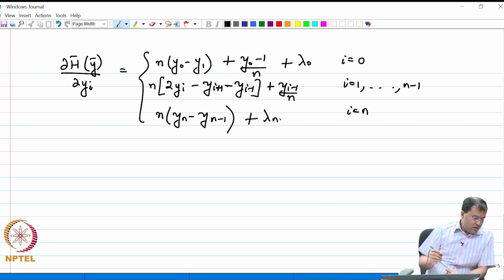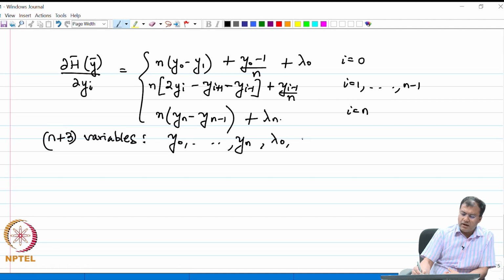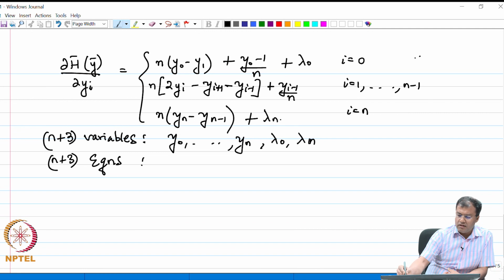Okay. So, as I just said, we have n plus 3 variables, and those variables are from y 0 to y n and the constants lambda 0 and lambda n, right. And we have n plus 3 unknowns, n plus 3 equations. We can see that here we have n minus 1, and so these give me n plus 1 equations.